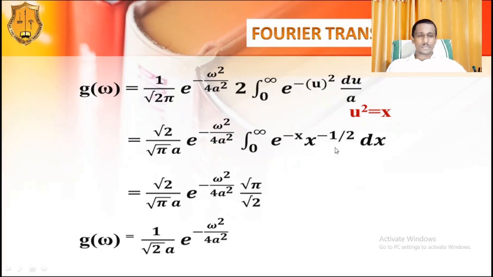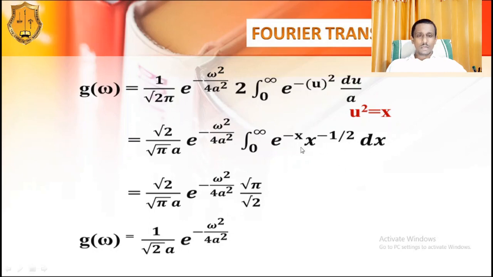This equation is obtained after substituting for u squared. That is, u squared is equal to x and 2u du is equal to dx. Therefore, du is equal to dx by 2u.